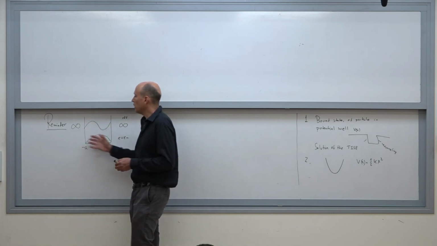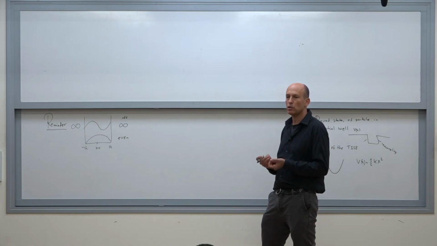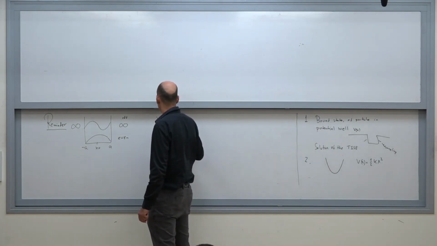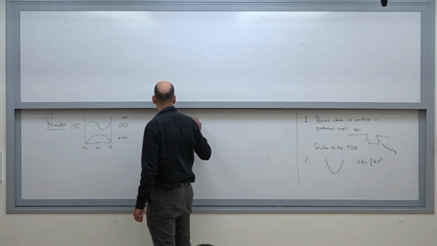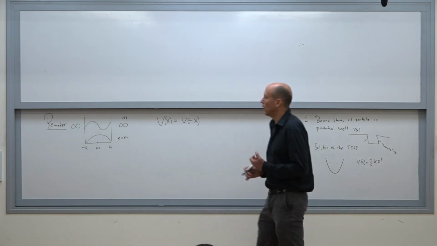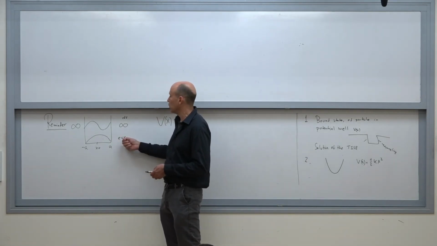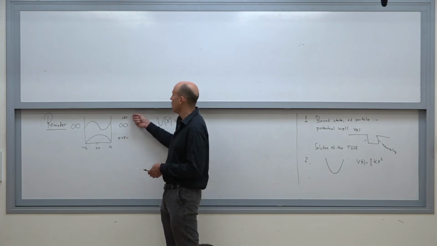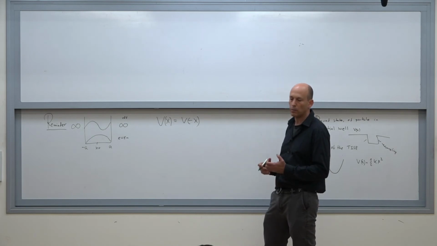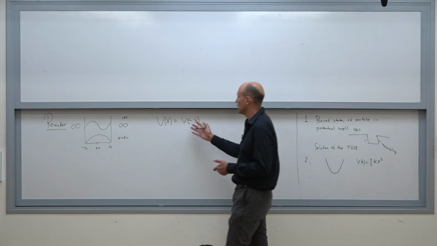So what you can already understand from this example is that if there is some symmetry in the potential, which means in this case V of x equals V of minus x, maybe we can show that this will be a general property: that the solutions of the Schrödinger equation will either be even solutions or odd solutions. So when I say that V of x is equal to V of minus x, it means that the potential itself, I call it an even potential. It's an even function of x.